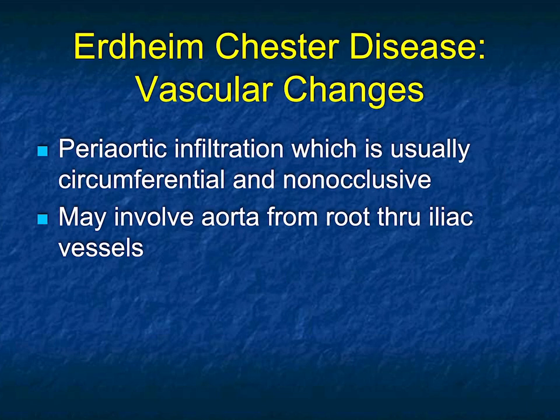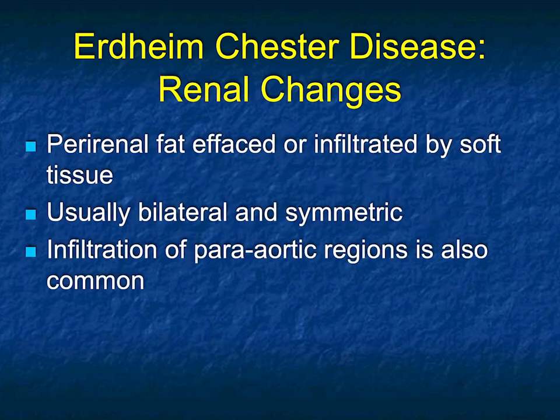And any vessel from the aorta, from its root, through the iliacs, can be involved. And again, the perirenal involvement, bilateral, often symmetric, makes you think of lymphoma, makes you think about extramedullary hematopoiesis. Just a wonderful case.